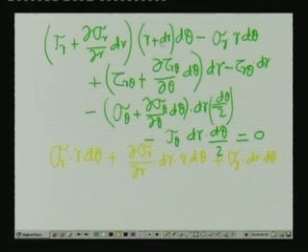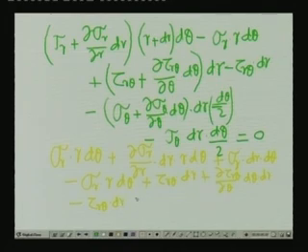Now, this particular term, when it is multiplied with dr d theta, will have a term dr square, and since this is small we are neglecting that particular term, minus sigma r r d theta, plus tau r theta dr plus del tau r theta del theta times d theta dr, minus tau r theta dr, minus sigma theta times dr d theta by 2, minus again this particular term will have d theta square, so we neglect that, and minus sigma theta dr d theta by 2.